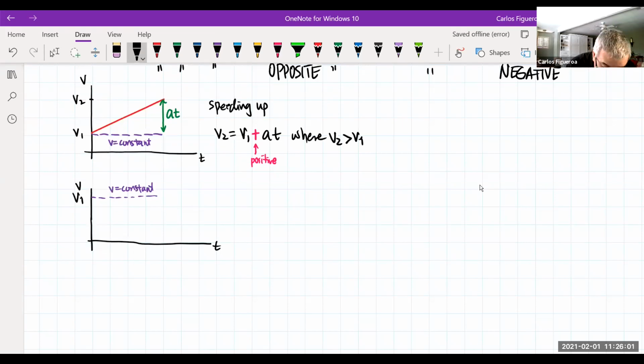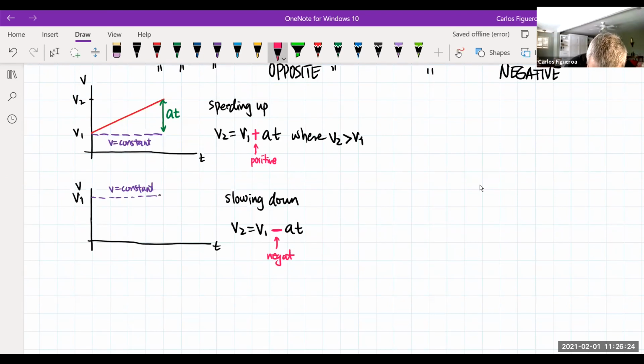Now, if I have an acceleration that's in the opposite direction, where I'm talking about slowing down, then we know that the big difference between these two is that negative acceleration.